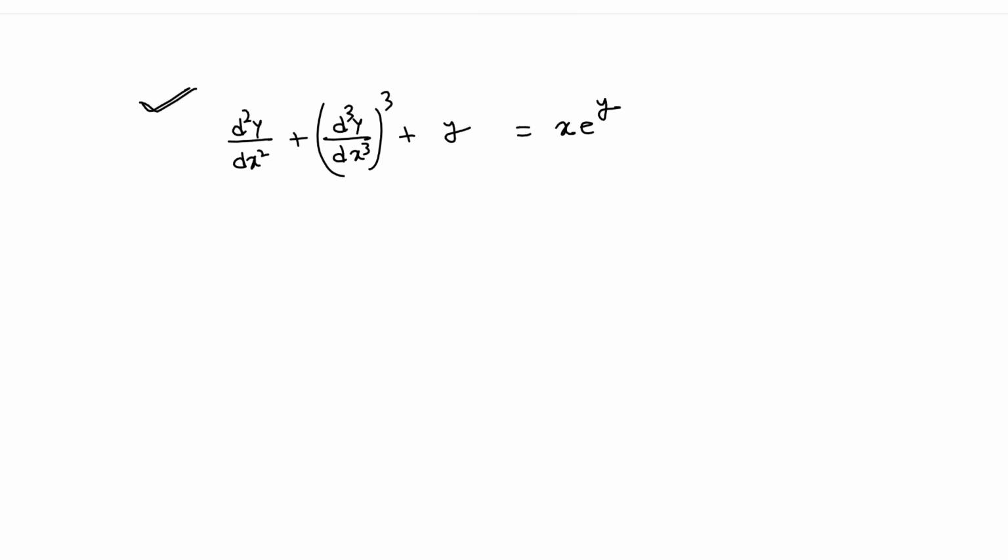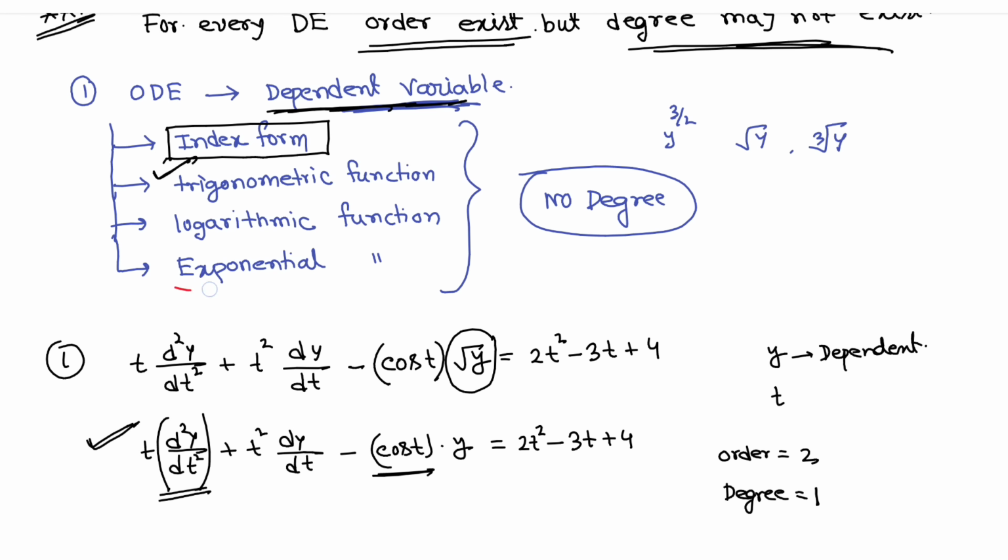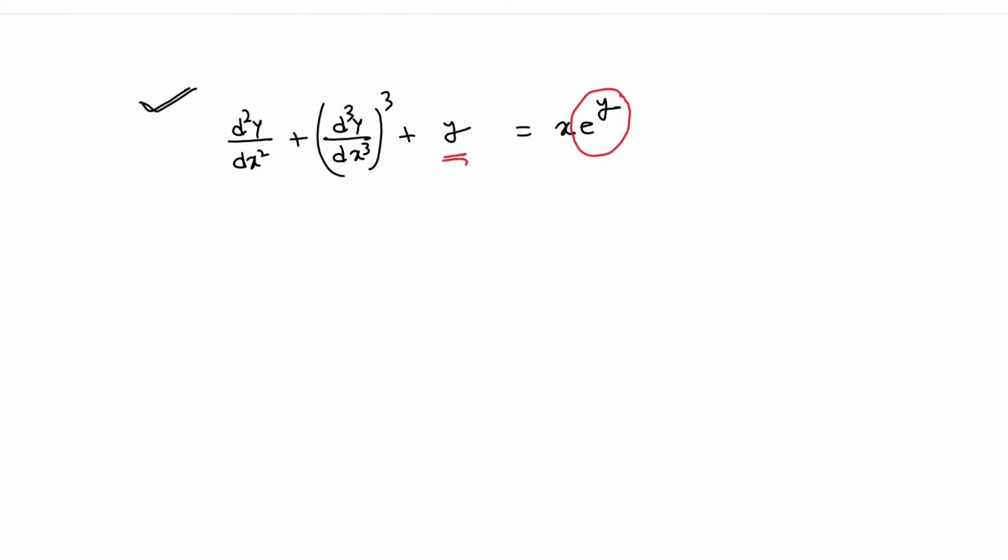In this equation, which one is the dependent variable? y. And here you can see e to the power y, an exponential, so according to the fourth condition, this equation will be no degree. And what is the order? Order is 3. I think the concept of order and degree is very clear.